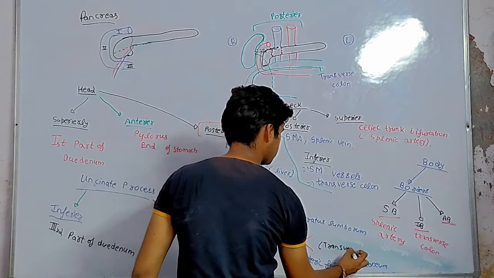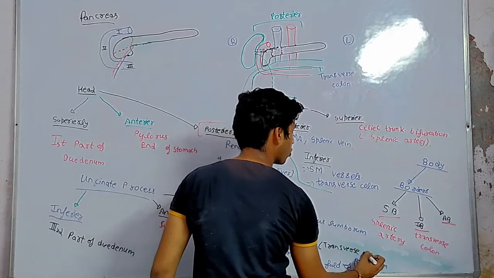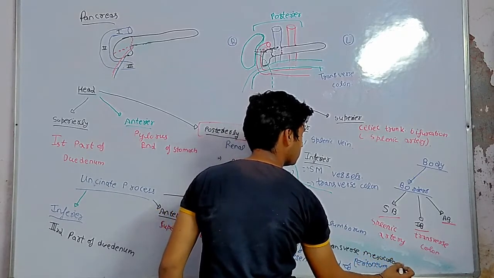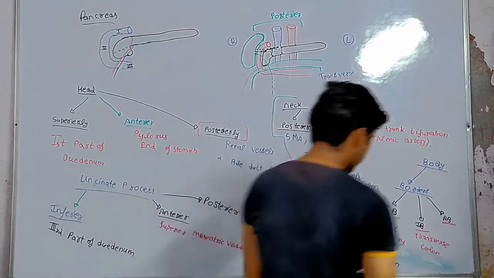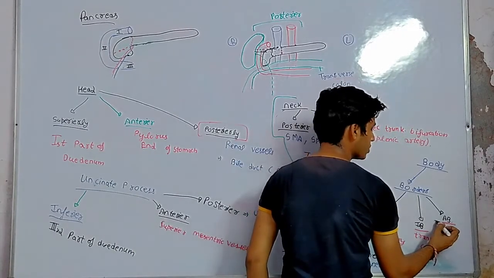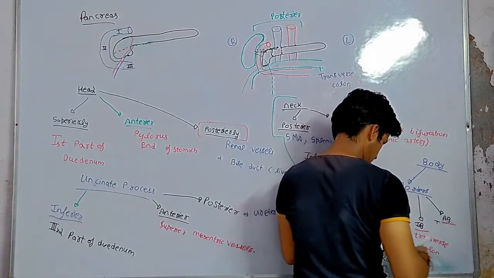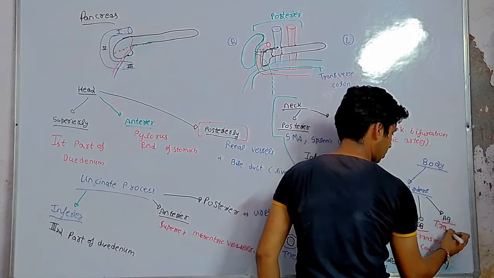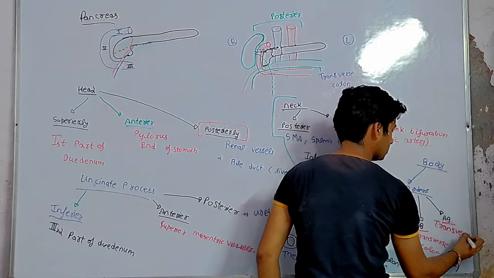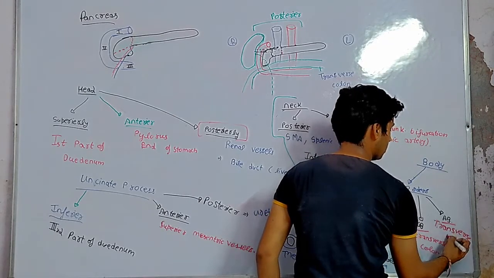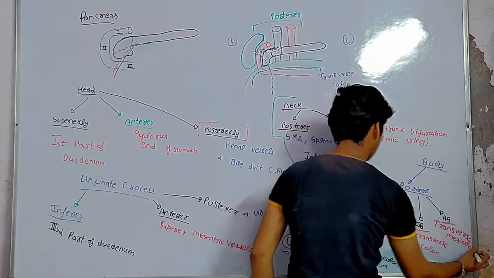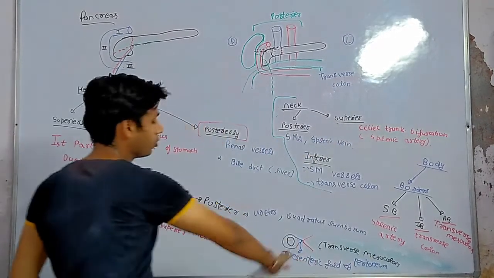So we can write anteriorly the transverse mesocolon. It is just slightly below.